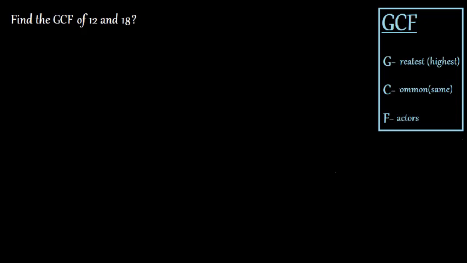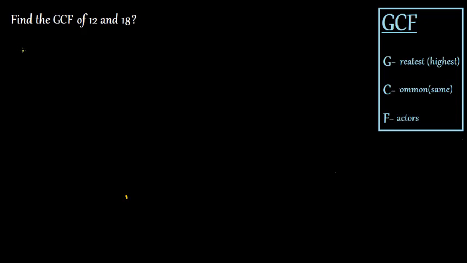For example, if we have a question like I've set up here, find the GCF of 12 and 18. So we're trying to find the greatest common factor between 12 and 18. How would we do this? Again, you can watch the video on factors and multiples to understand what factors are.